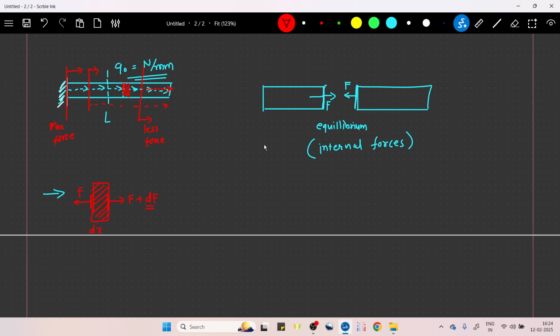And how it came, you can say here, for example, this section, if I say F, this section is going to be F plus dF, right? And if I move this boundary to here, I get this one, right? So it is nothing but F on the left hand side, F plus dF on the right hand side. So these are the internal forces.